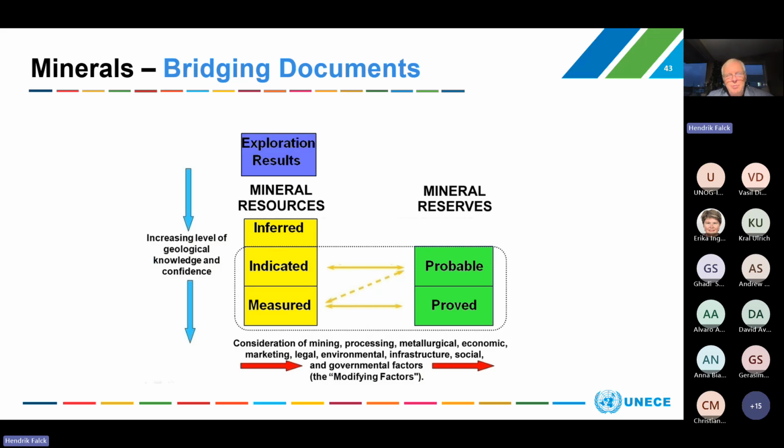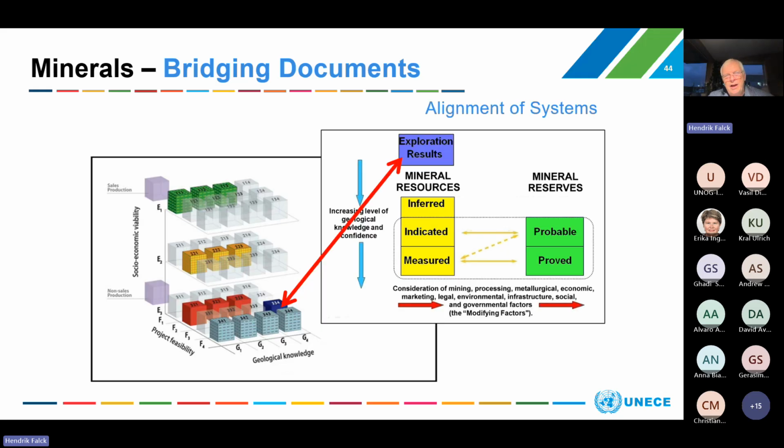So again, some similar terms to what's used in UNFC, but a little bit different. And how they align basically is we have our purple box of exploration results, and that can be tied to the purple cube in our UNFC system.